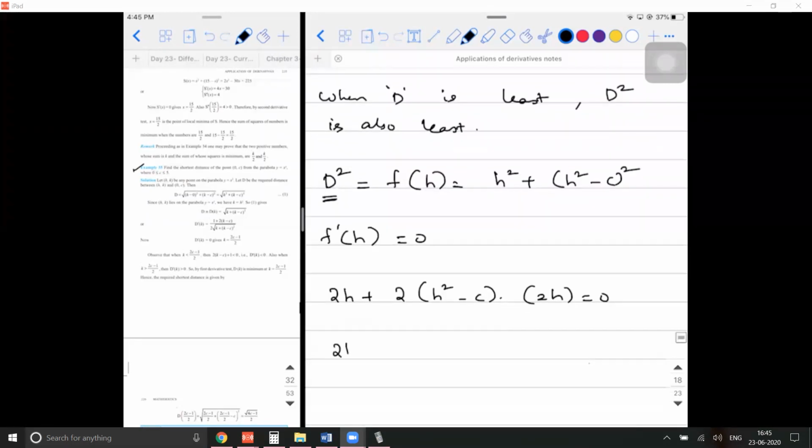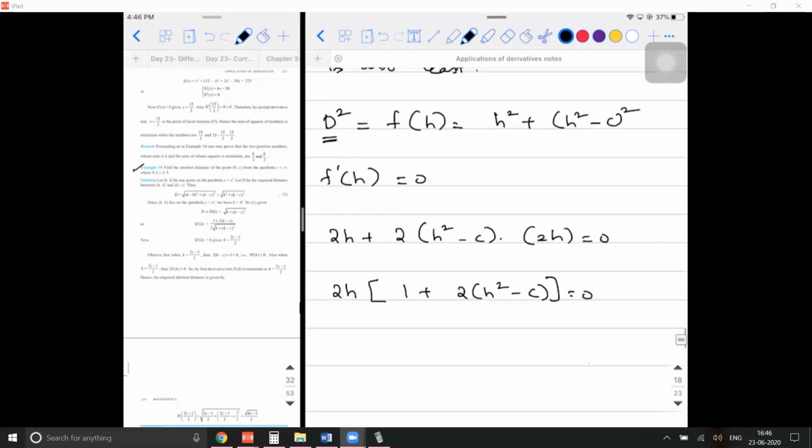So I'm taking out 2h into 1 plus 2 into h square minus c is equal to 0. Right? So h can be equal to 0 or 2 into h square minus c can be equal to minus 1.